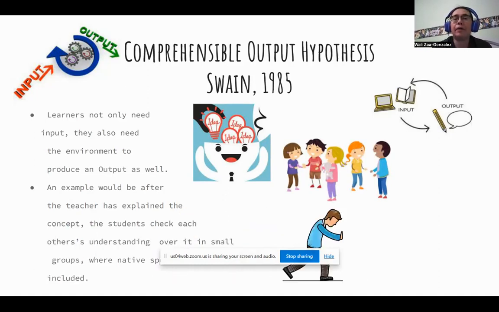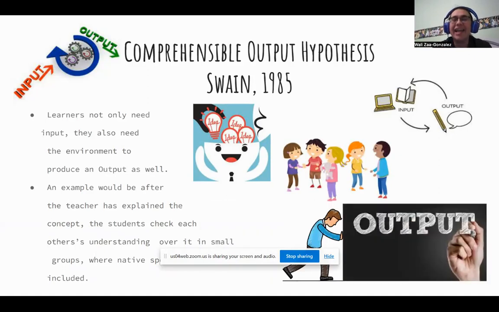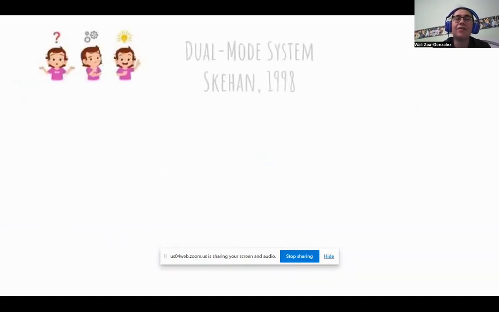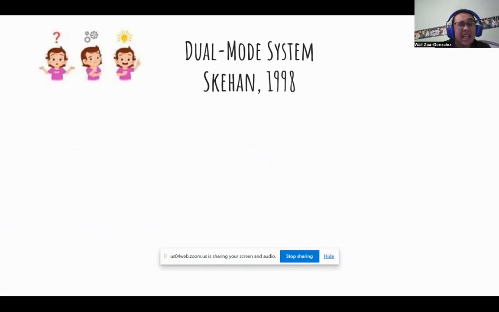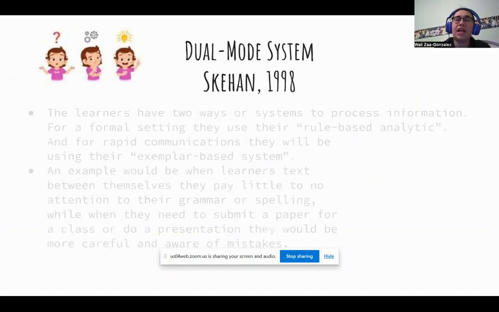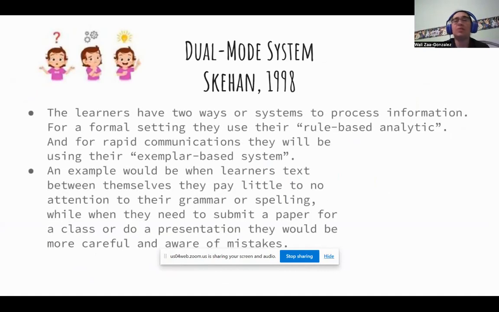The second concept that I consider important was the dual-mode system, which Sun already explained, from Skehan, who presented it in 1998. It tells us that learners have two systems to process information.